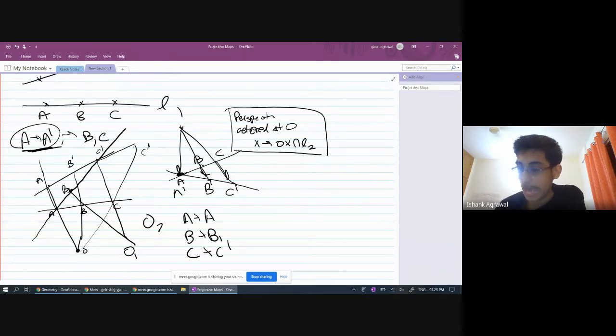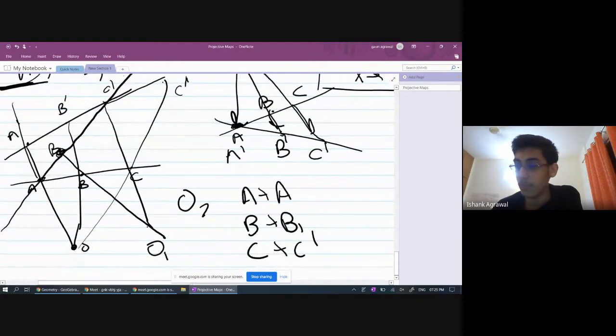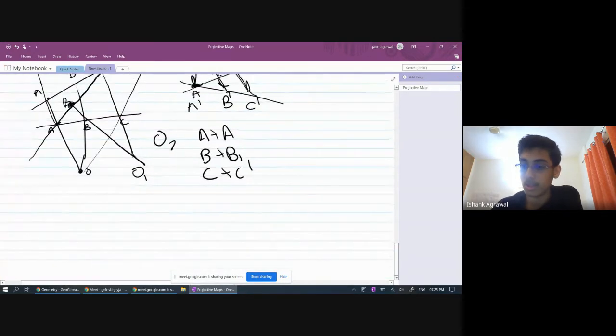In fact, if we want to axiomatically prove this, every line consists of these 3 points, so we can always find an extra point B on AC dash, and then any 2 lines intersect at O. Got it? I mean, if they were parallel, then O1 would be the point at infinity, which we can still use. Does that make sense?